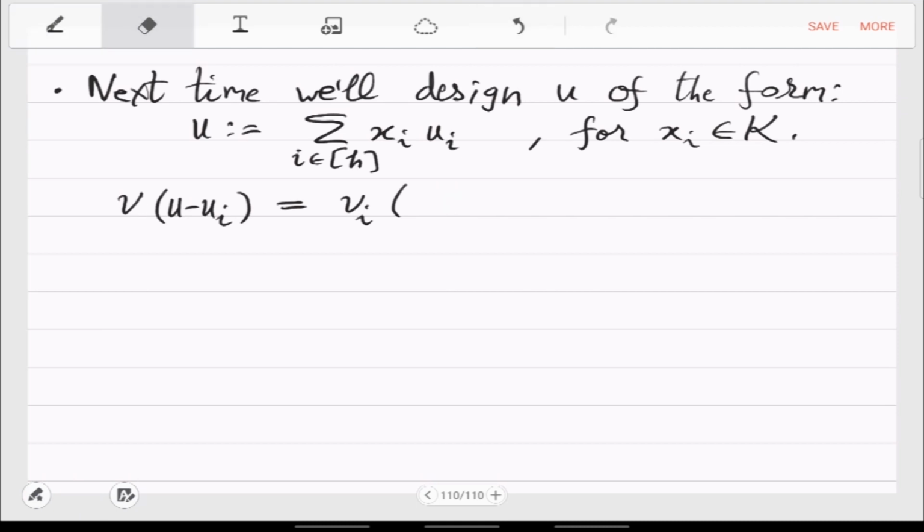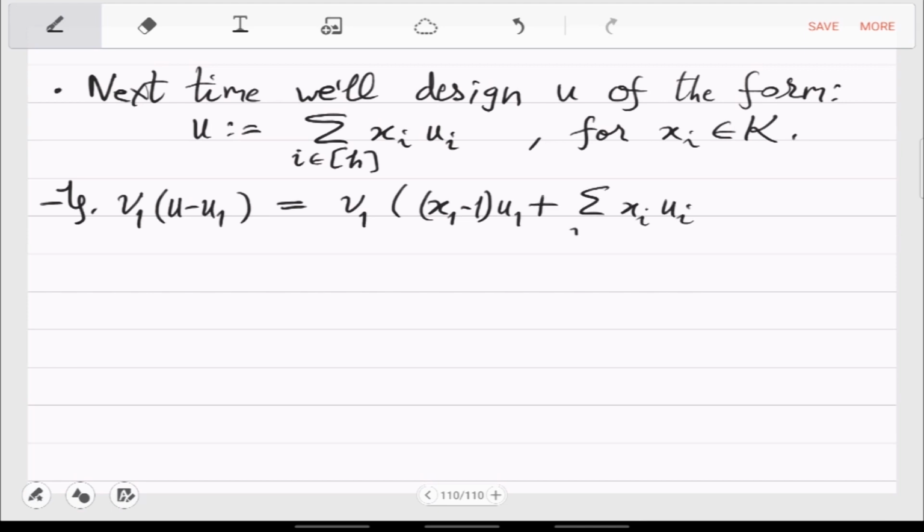So for example, if you look at v1, what this is, x1 minus 1 u1 plus xi ui, i equal to 2 to h. So we'll control this valuation and this valuation.